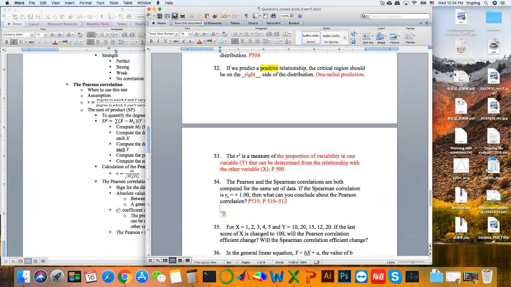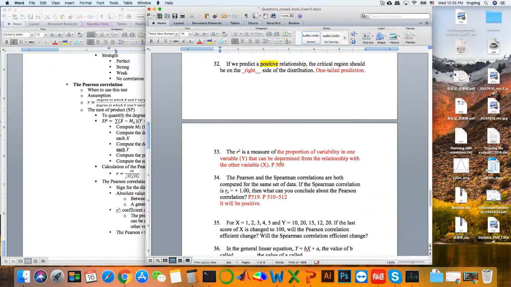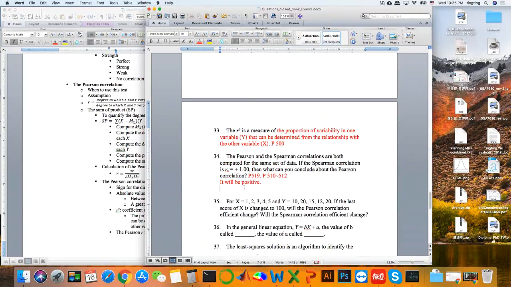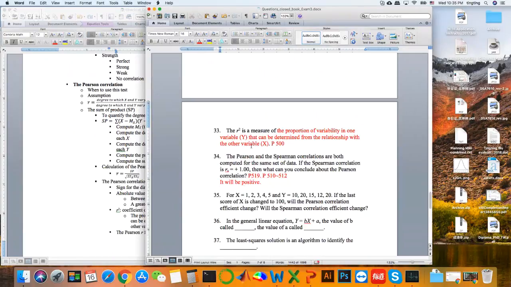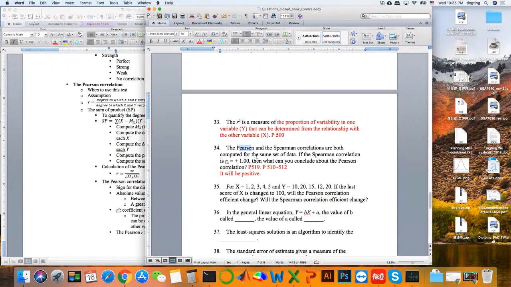So if the Spearman correlation is positive, the Pearson correlation will also be positive. So the answer is it will be positive. But we cannot know the value of Pearson R, because we don't know the actual data.